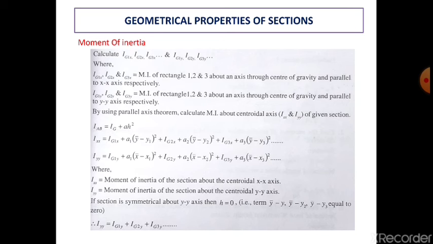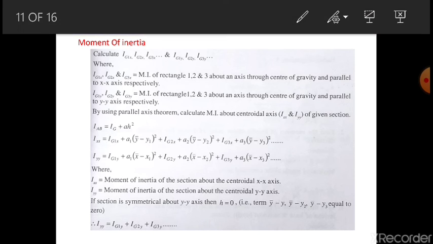Then you have to calculate the moment of inertia of the different single bodies, the separate designated bodies.